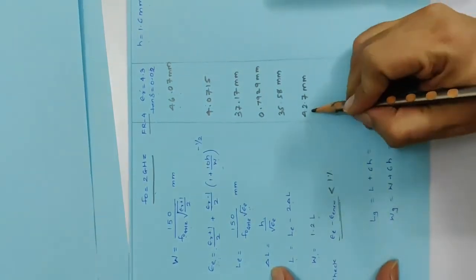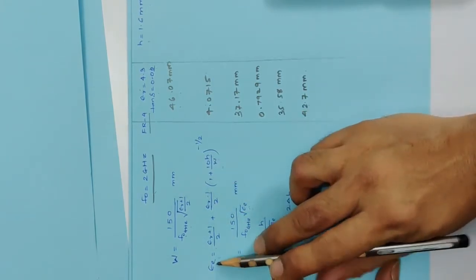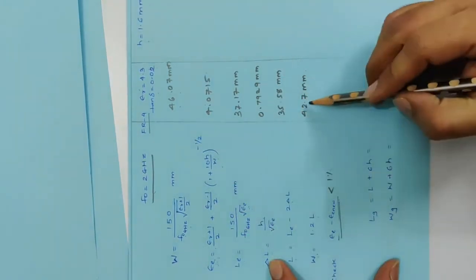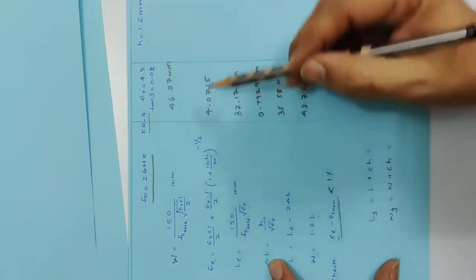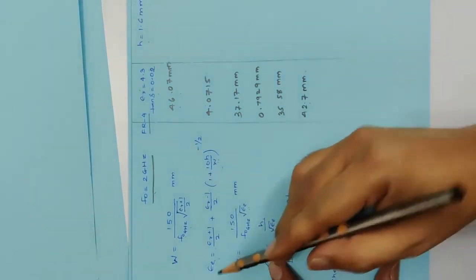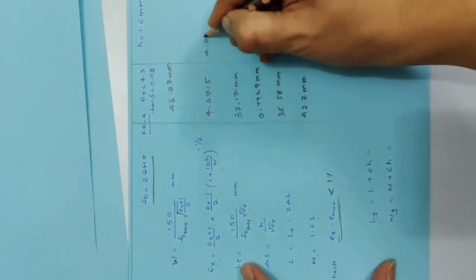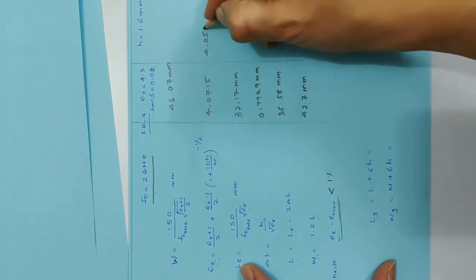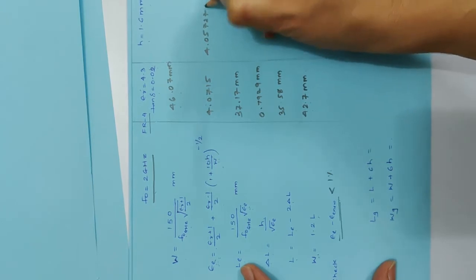Now we will substitute this 42.7 mm over here, and we will calculate the new epsilon effective. So once you substitute this 42.7, giving epsilon r as 4.3 and h equal to 1.6, we will get epsilon effective as 4.05727.